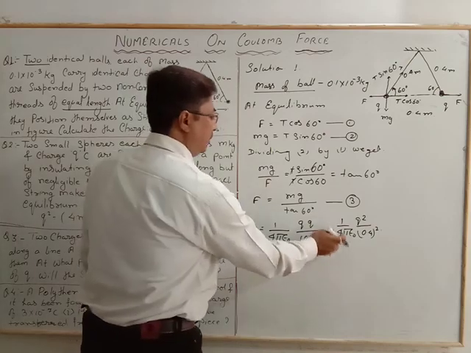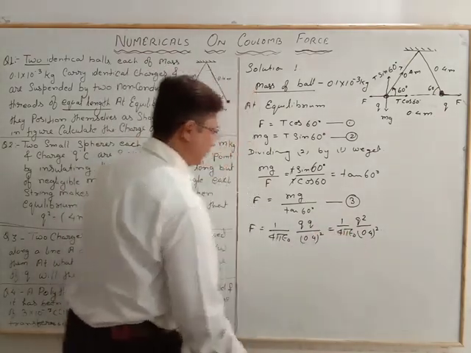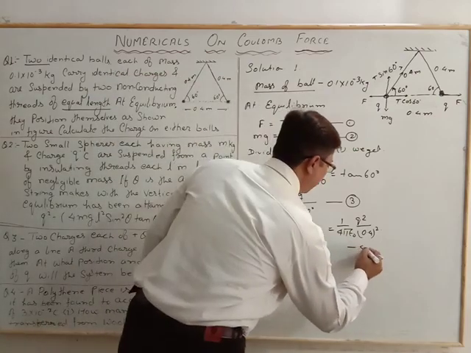In place of 1/(4πε₀) we can also write 9 × 10^9. That becomes equation number 4.